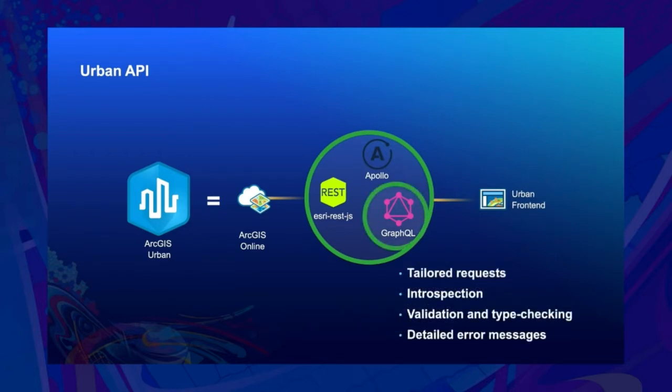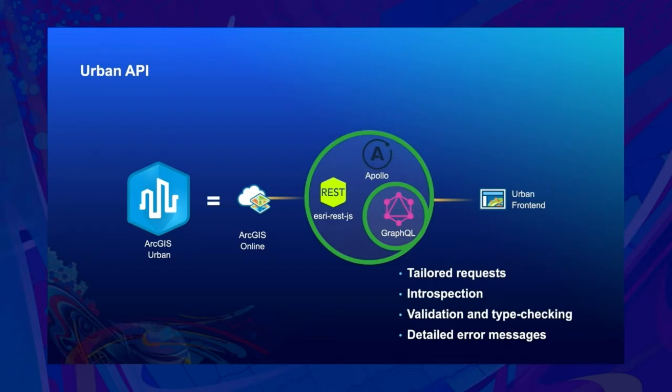So GraphQL allows us to do tailored requests, which is quite useful for the urban use case, because a typical query would be, for example, to request a scenario of a plan with all its parcels and its zoning regulation. And this is a typical request you can assemble in GraphQL and get that tailored response.